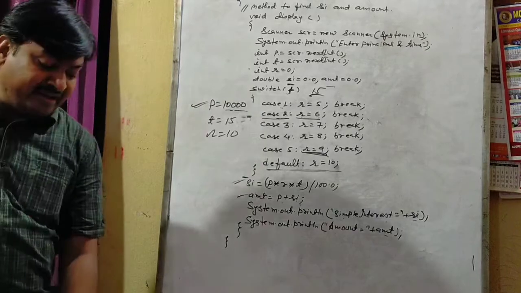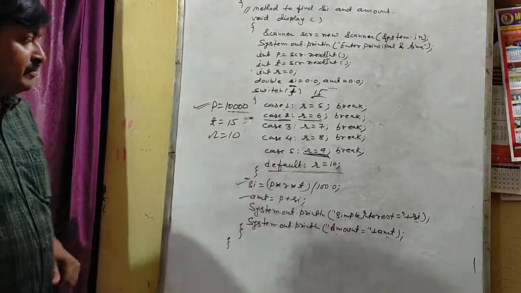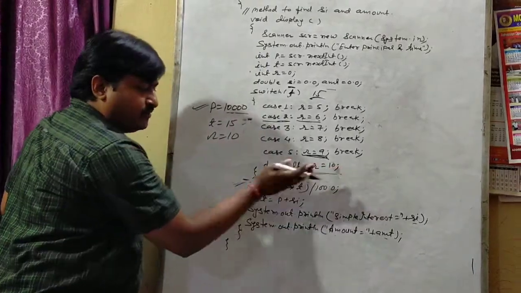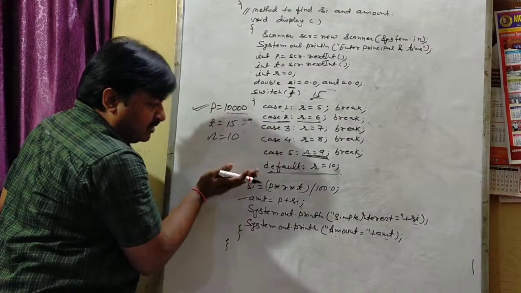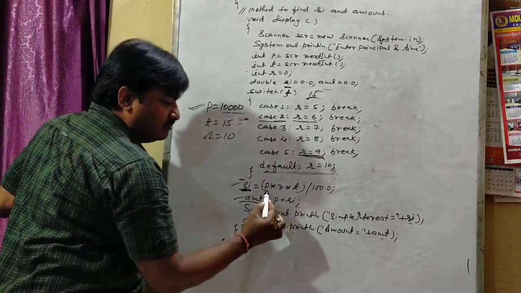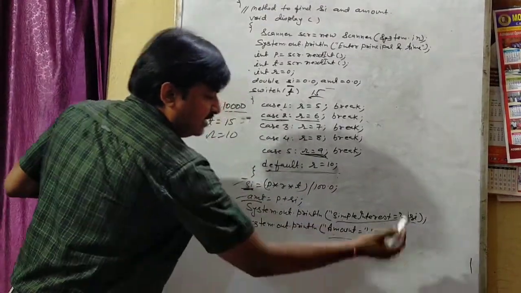According to the question, above 5 years is 10% per annum, so rate will be 10. So default is the end of switch. From here we will come out and calculate the SI and amount, and this way we will calculate simple interest and amount, and we will print simple interest and amount.